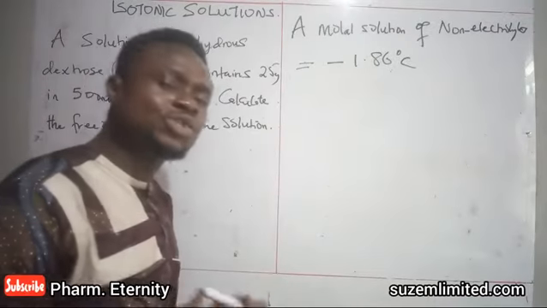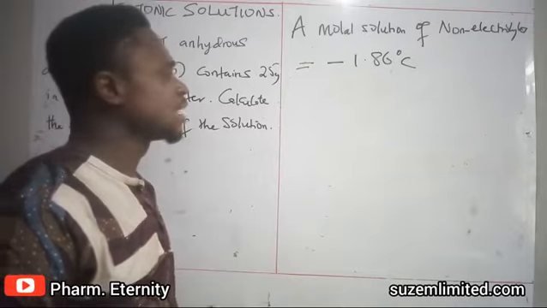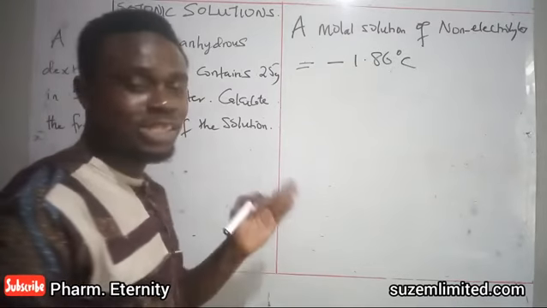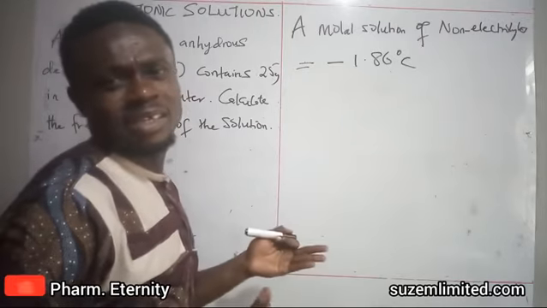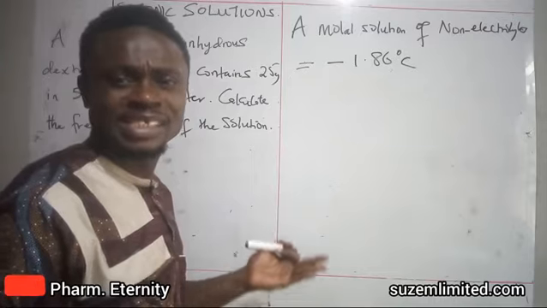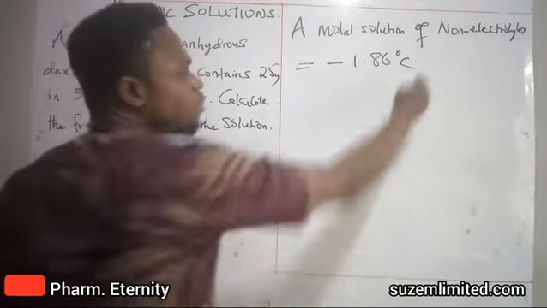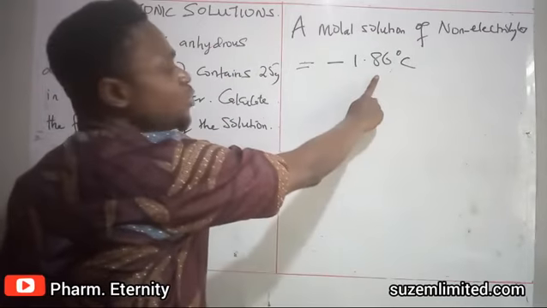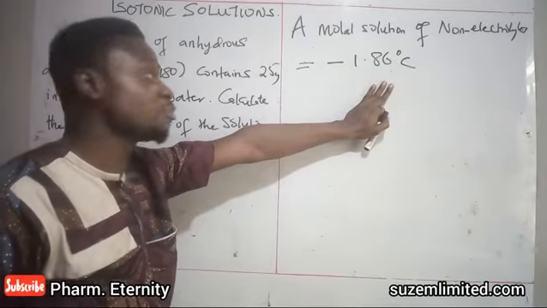But if the solution is a non-electrolyte, it implies that the dissociation factor is 1, because the dissociation is insignificant, so it's negligible. So 1 times this freezing point will still give you the same freezing point. That's why we leave it at minus 1.86.